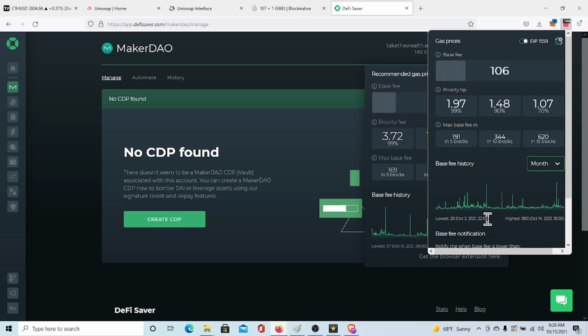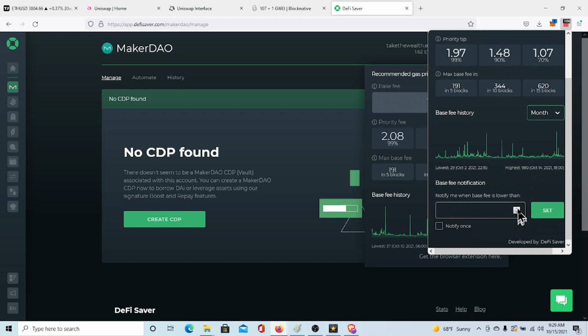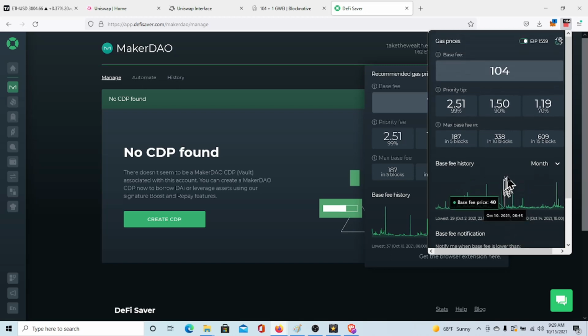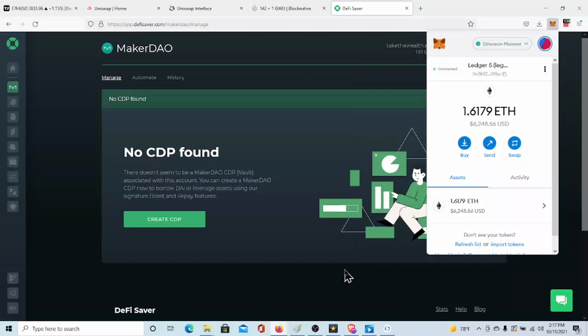So if you see the gas at 300 and you don't necessarily need to get your transaction in, you could probably wait for it to go down a little bit, and it probably will in the near future. 300 or especially 900, that's really high. This gives you a pretty good idea of what you should be paying, especially if you're not in a hurry. It also has a neat trick of giving you a notification if you want that too, which is pretty great. That covers most of the information there.